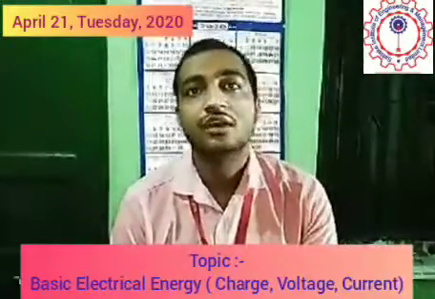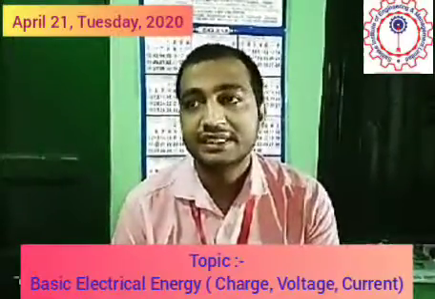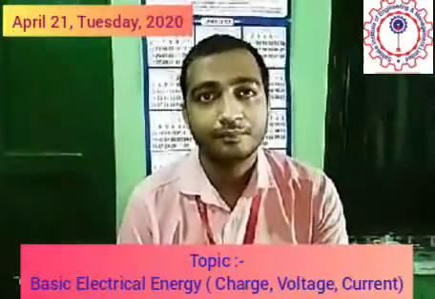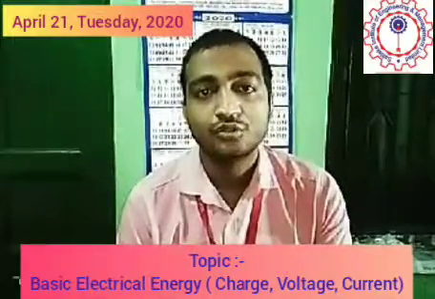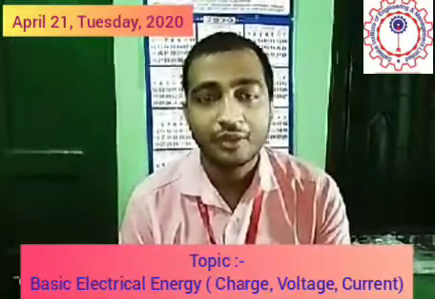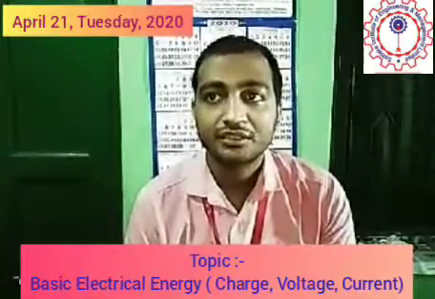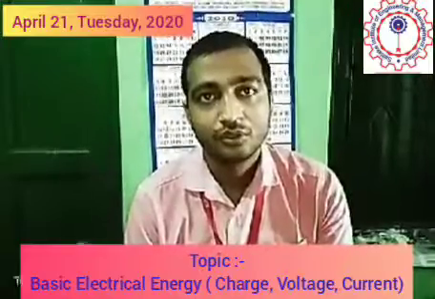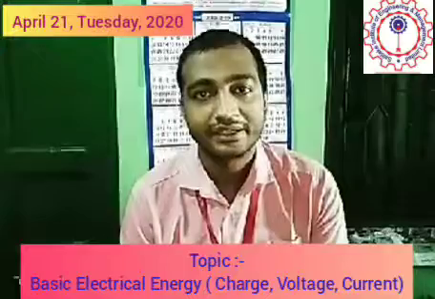First of all, I will discuss charge. Basically, charge is between two different particles, two different ions. First of all, charge is created with the help of ions. Without ions, no charge will be created.